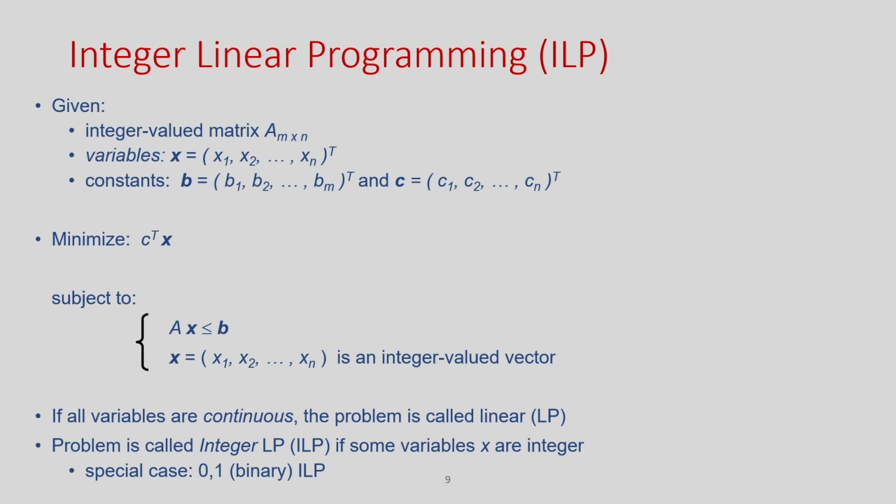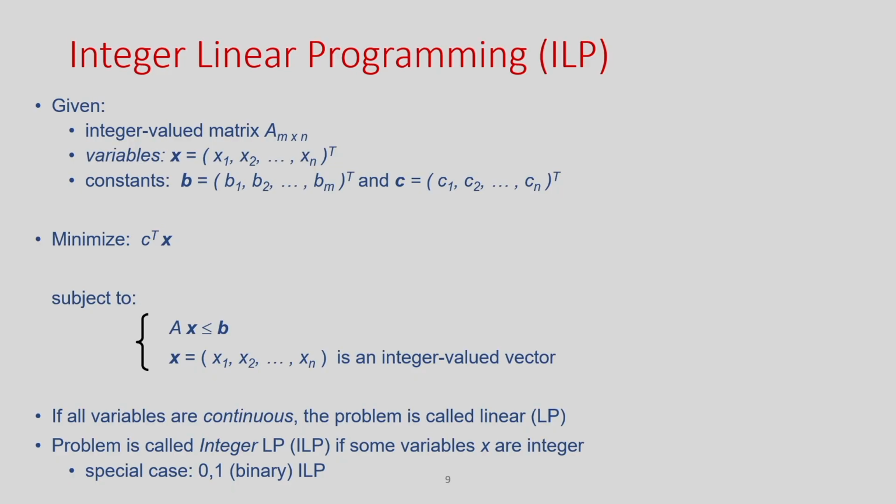So, before formulating the problem, let us first try to understand what this integer linear programming is. From a higher level, what is the objective here? In this ILP problem, you have an optimization problem, either to minimize something or maximize something, and you try to solve that.